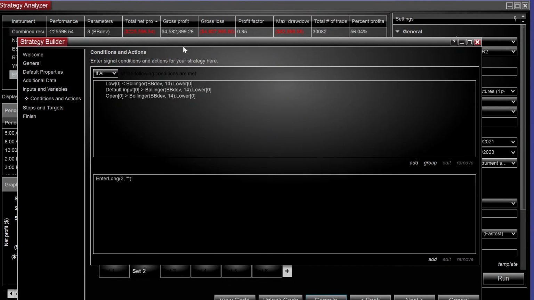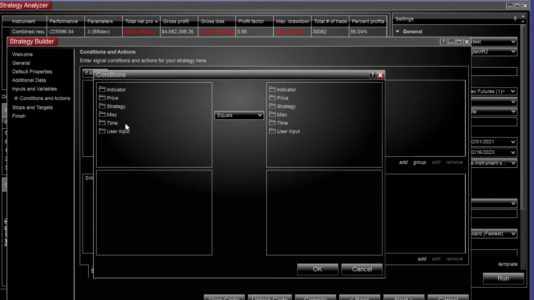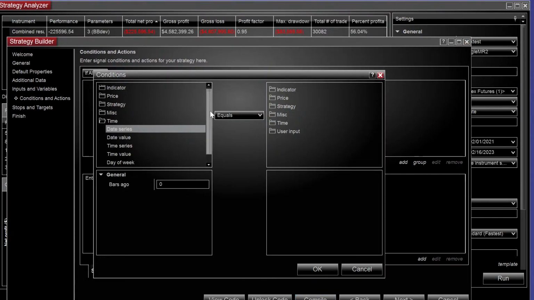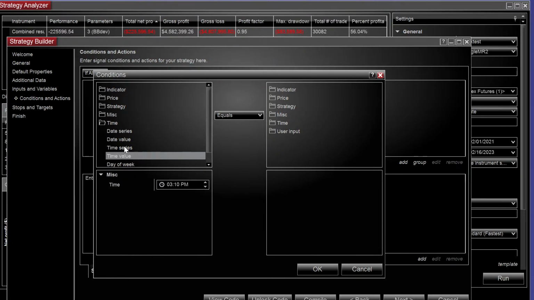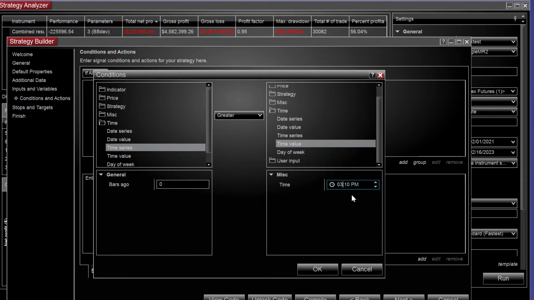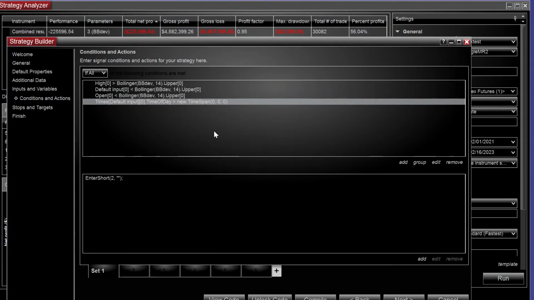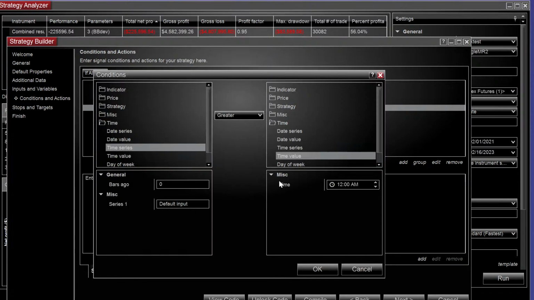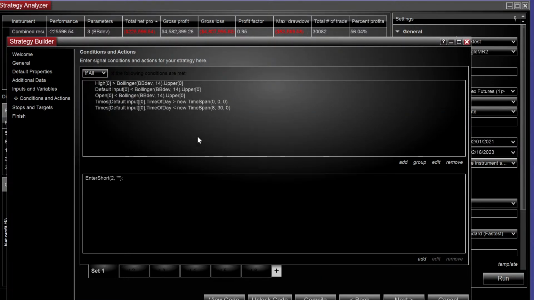Let's do it manually again. So time value, time series is greater than a.m. Less than 8:30.